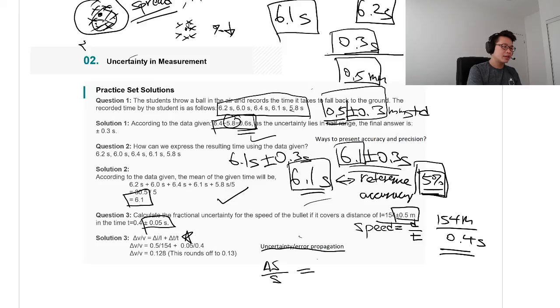So it will be equal to the uncertainty in distance over distance plus the uncertainty in time over time. Sorry, this should be d over here, and this should be d.